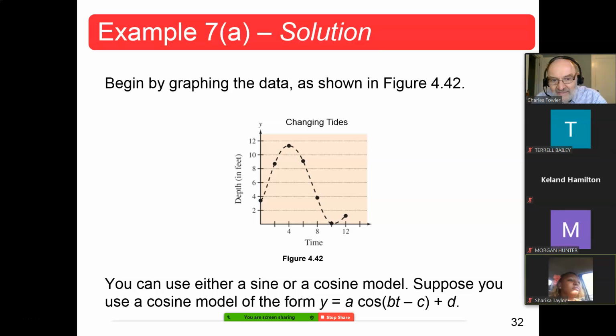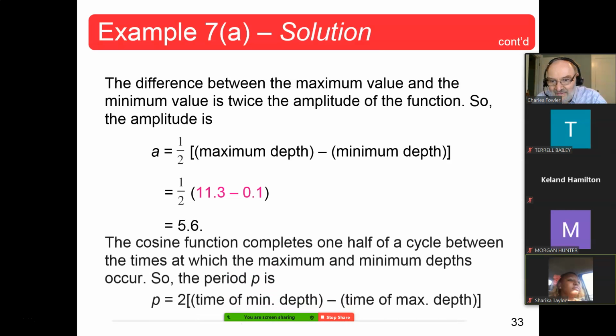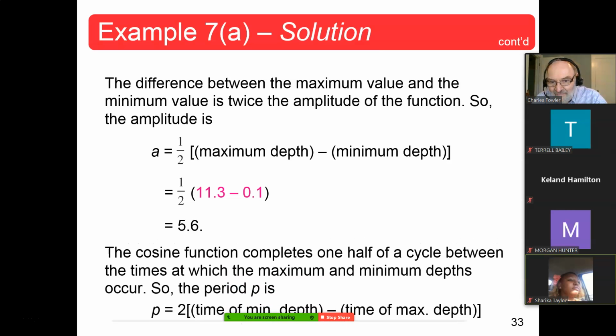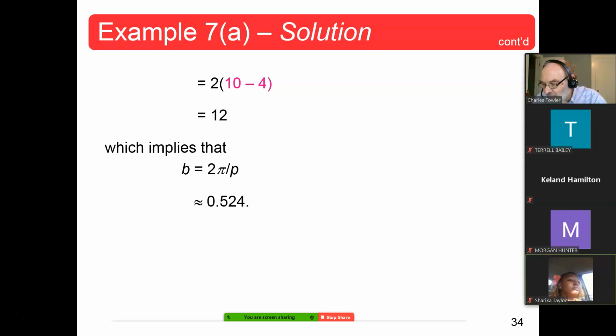They used cosine, and they put the B in with the C. So they did all this same stuff we did. 5.6 was their A. The time of minimum, time of maximum, twice that is the period. That was 12, which implies B is 2 pi over 12, which is, and there they did it, 0.524.